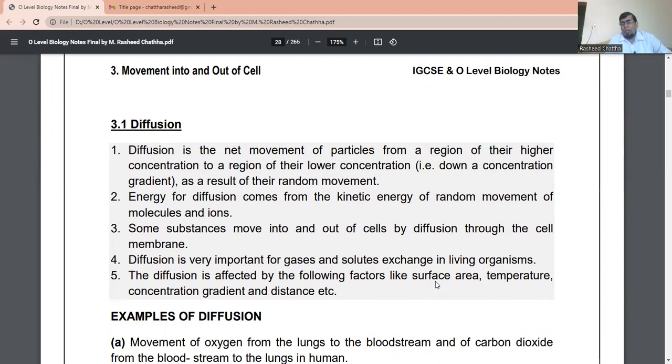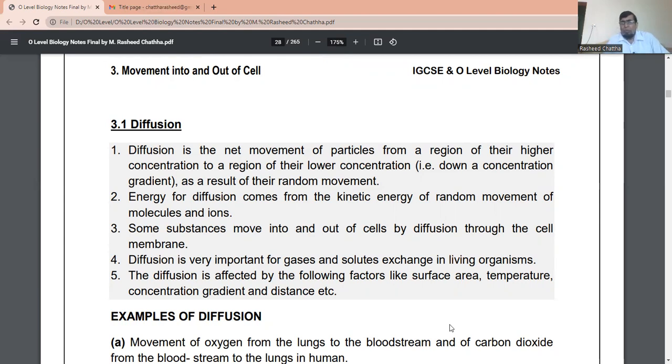You may call it down the concentration gradient. For this purpose energy is not required; the kinetic energy of the molecules will be enough for the mixing of the molecules, so their own energy.